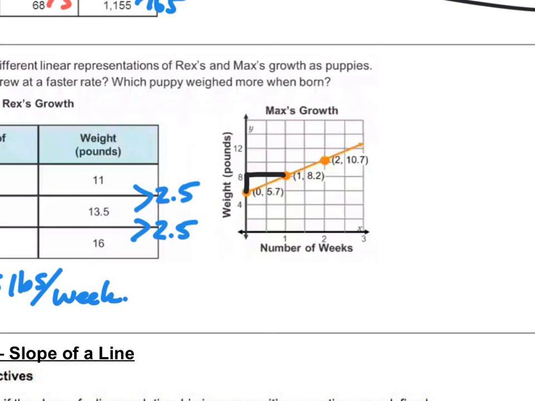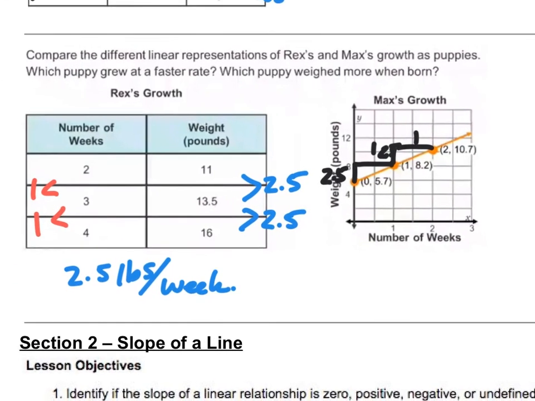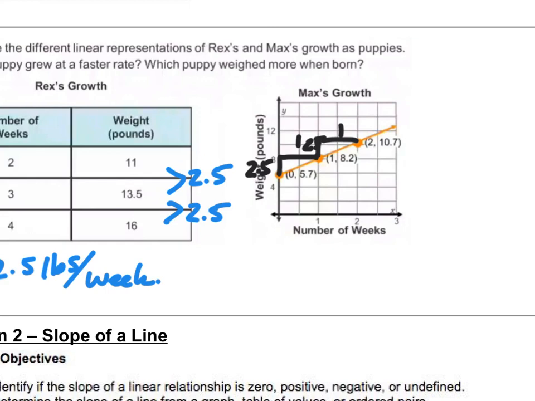All right, so the vertical change is 2.5, and then a change of 1 week. Okay, same thing for the other one. 10.7 minus 8.2 to get that value is also 2.5, and then change of 1, and so on. All right. So this one is actually the same thing, 2.5 pounds per week.